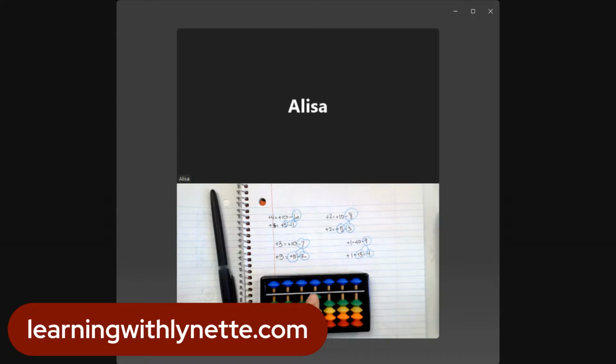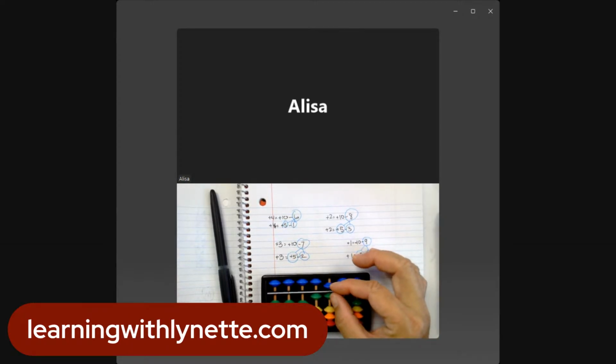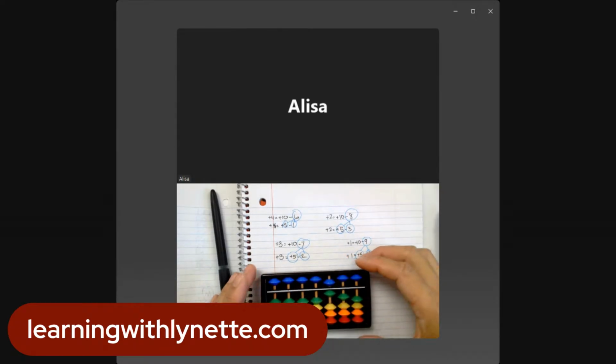If we add the 10, take away the 6, this is take away the 6. But notice it's also the 5 and a 1. That's what 6 is, right?